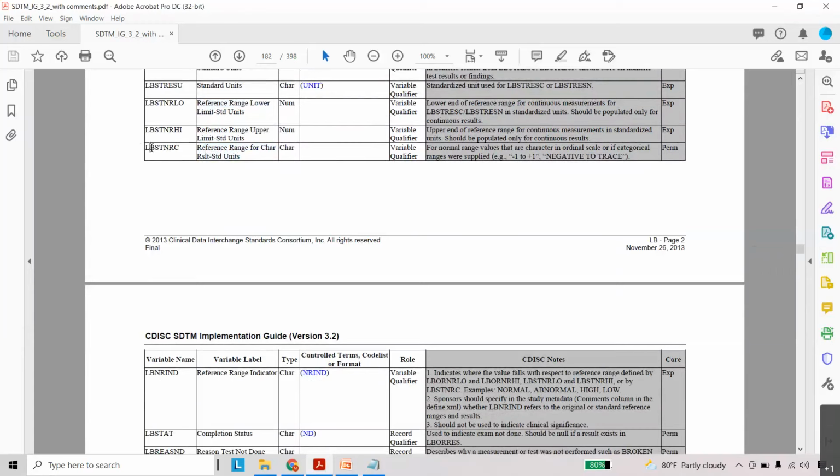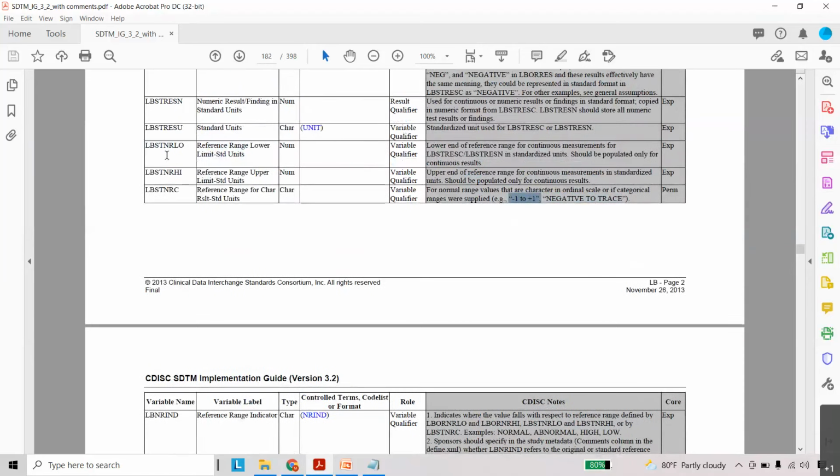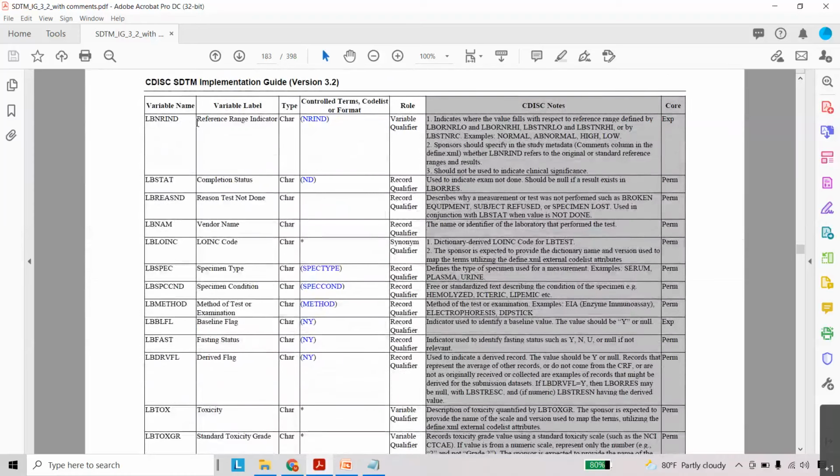In standard units we can see negative to trace or -1 to +1. So this is also a character value. Yeah, we discussed this point. Okay, next we will go to the reference range indicators.